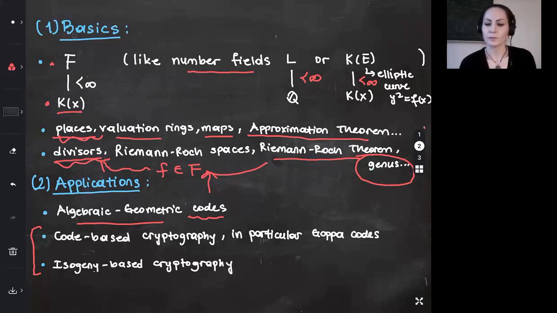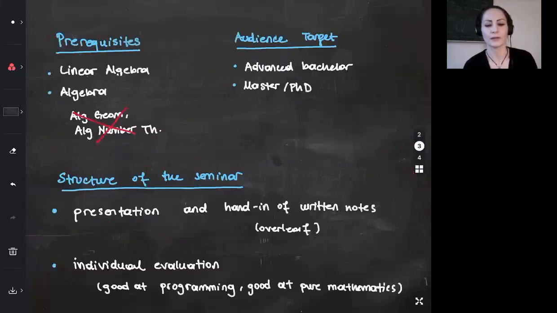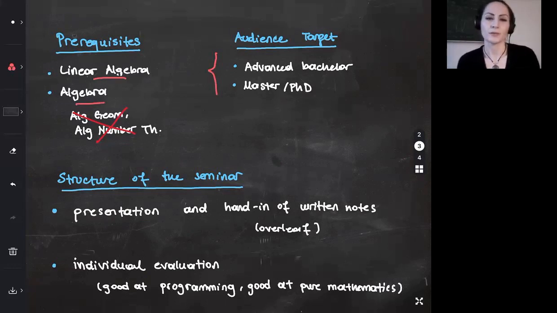So, okay, as said before, to be able to study these objects, we need to know the definition of a vector space, what a basis is, and the definitions of fields, rings, and ideals. So any student who has survived linear algebra and algebra is welcome to this course. And the structure of this course is the following.